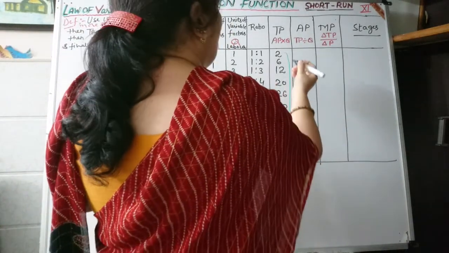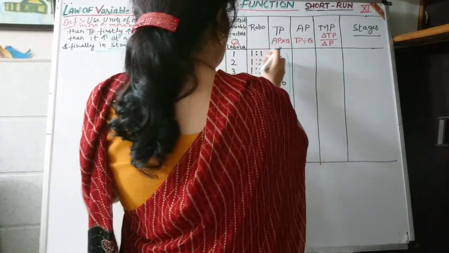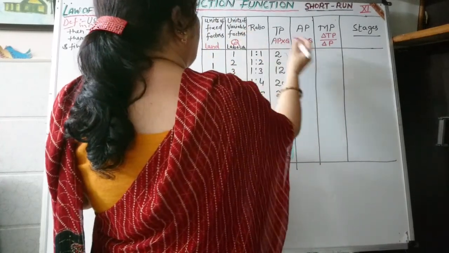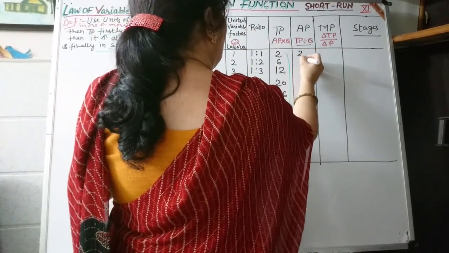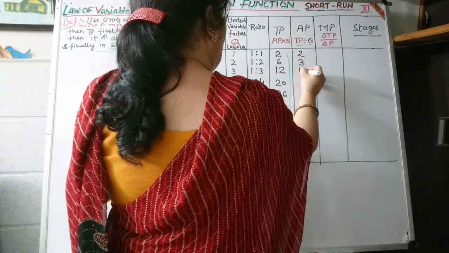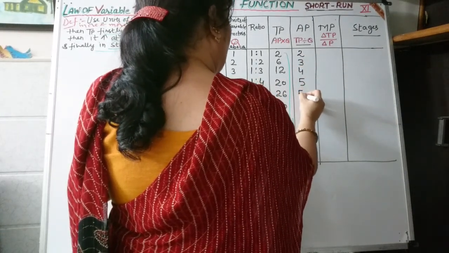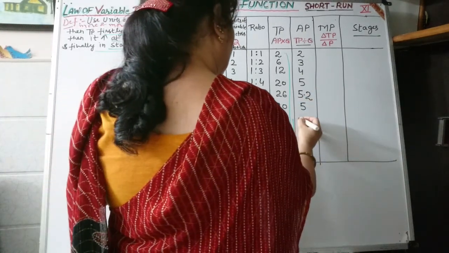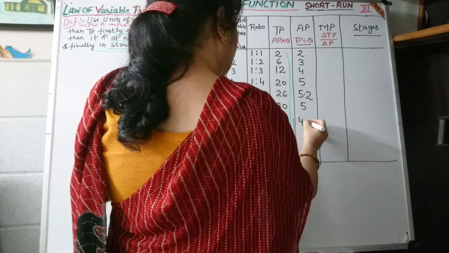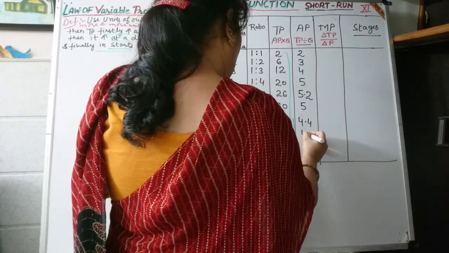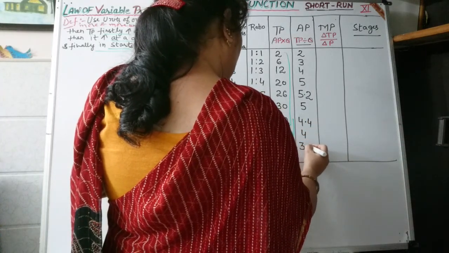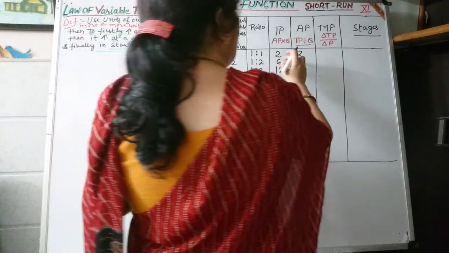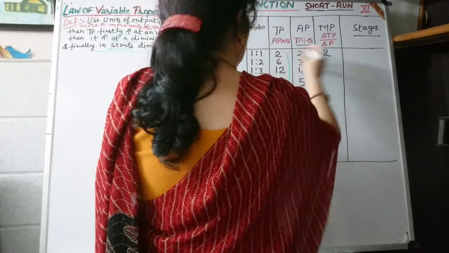And now let us calculate average production with the help of this total production. Total production divided by quantity: 2 divided by 1 is 2, 3, 4, 5, 5.2, 5, then 4.4, 4, 3.3, and last one is 2.6. Then marginal production. First total production 2.